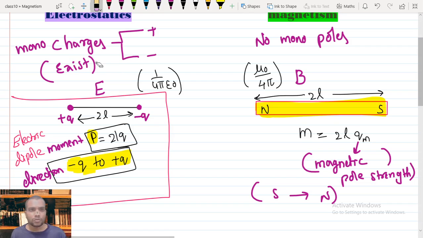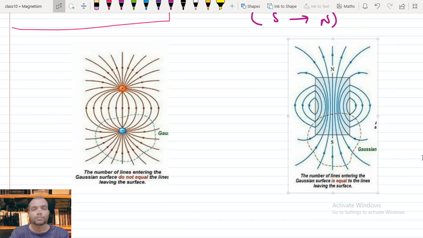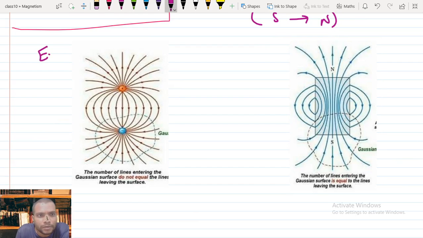And when it comes to field lines, the electric field lines for an electric dipole, this is for electric dipole, and this is for magnetic dipole.